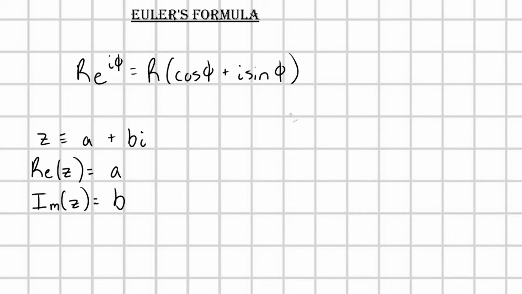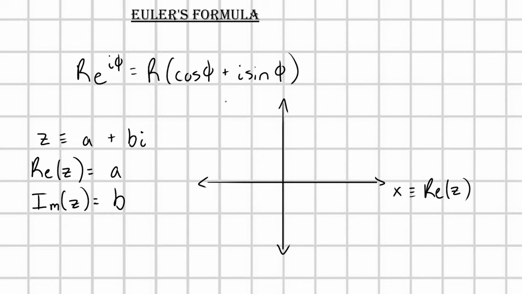Well, I can graphically represent z in the complex plane. I'm going to define my x-axis. My x-axis is defined as the real part of z, and my y-axis is defined as the imaginary component of z.